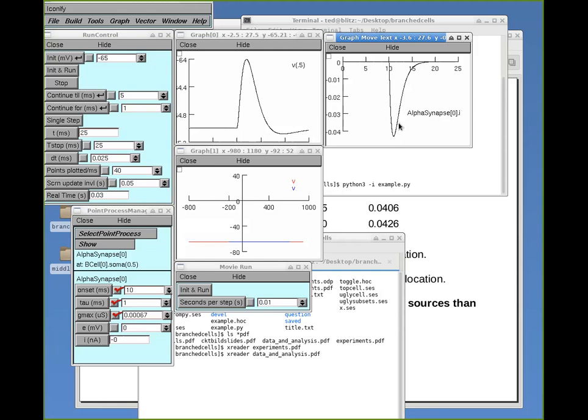There's our synaptic current. What is the driving force for synaptic current? The driving force for synaptic current is the difference between the reversal potential of the synapse and local membrane potential. Okay? So the equivalent circuit, I don't know. Do I want to annotate? Do I want to draw?